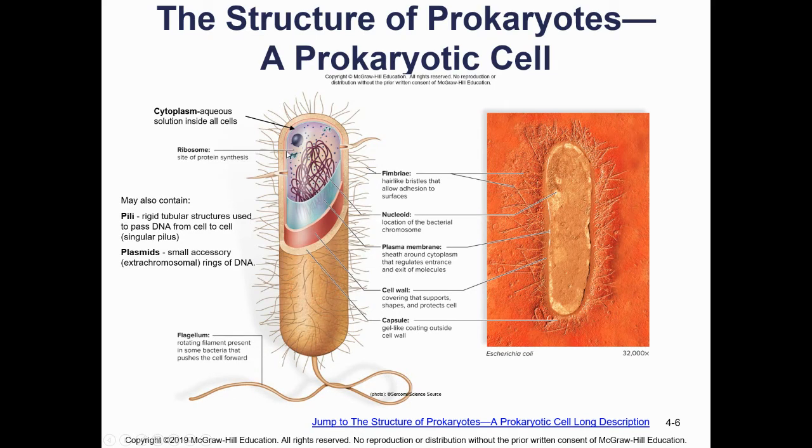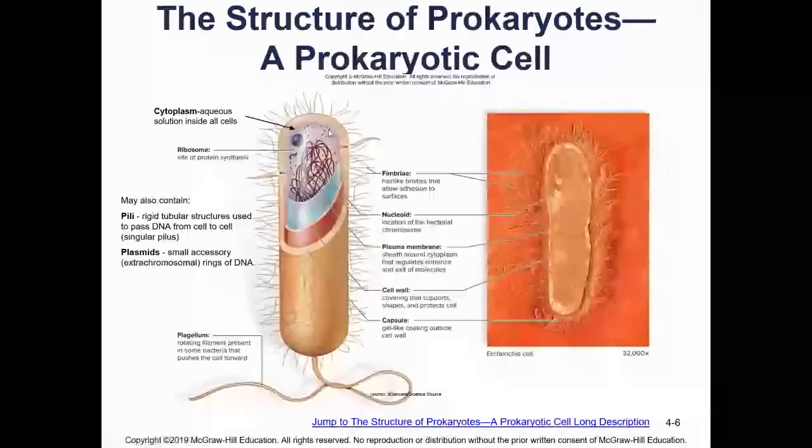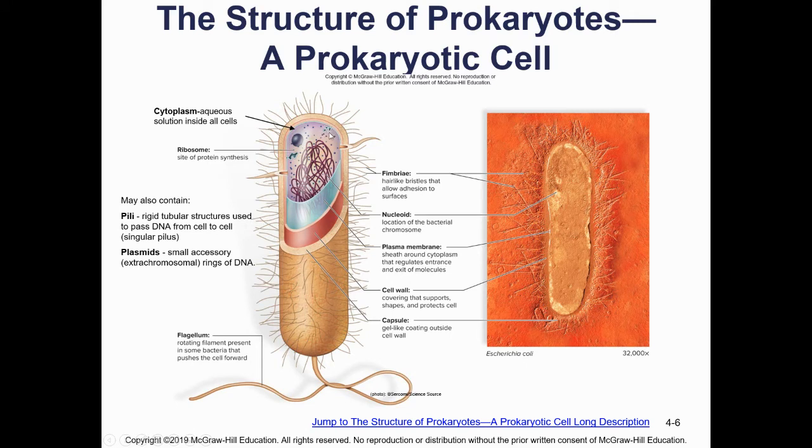If you see here, follow that color, this infolding of the membrane. These mesosomes, this infolding is a way for bacteria to bring foods in. So things have to get through this outer capsule and the cell wall, and then they're brought into the cell through the membrane. We'll talk about membrane transport coming up shortly.